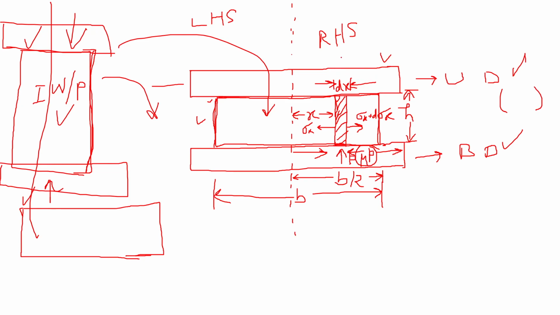Similarly, on the upper side of this particular element, okay, let me erase this so I can draw it with more clarity. On the upper side also this will be P, and the opposing force will be mu P. Okay, this is the case when we are considering the right hand side of this element.